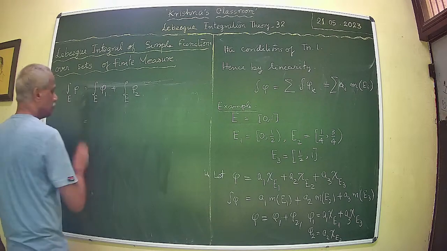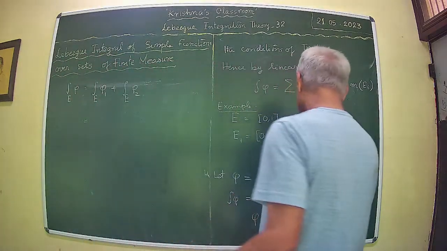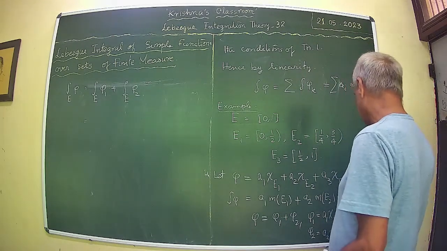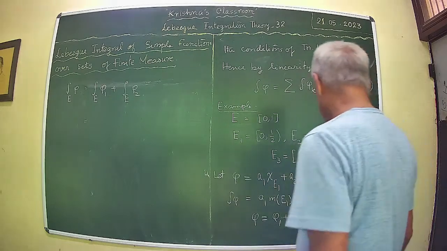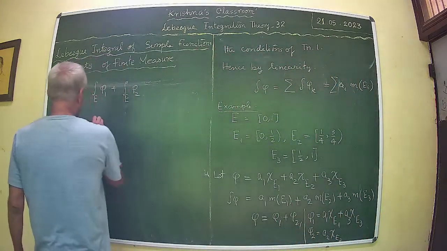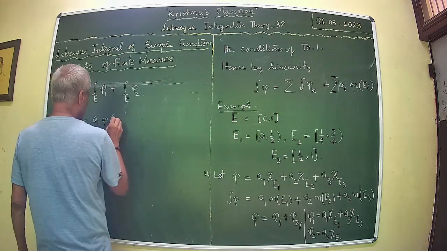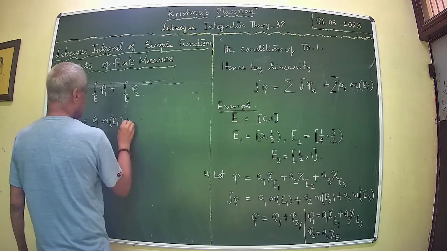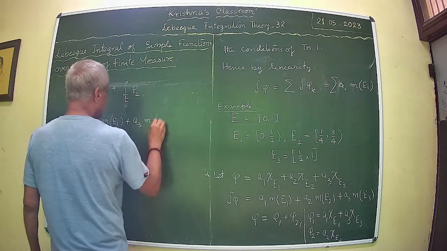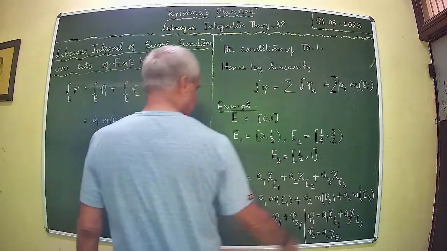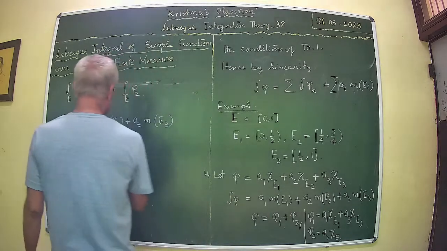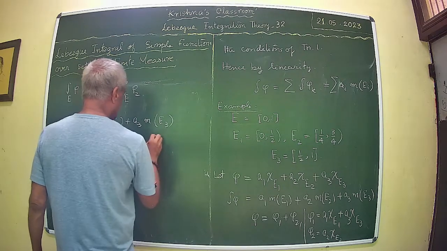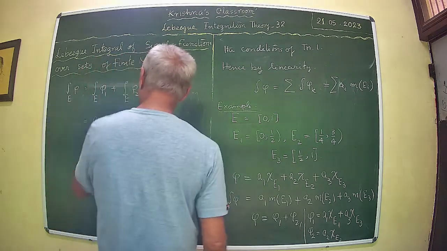And here you can apply the previous theorem, because they are distinct. So if you look at these representations, this is A1 measure of E1 plus A3 measure of E3 plus A2 measure of E2. Because here we are using linearity.